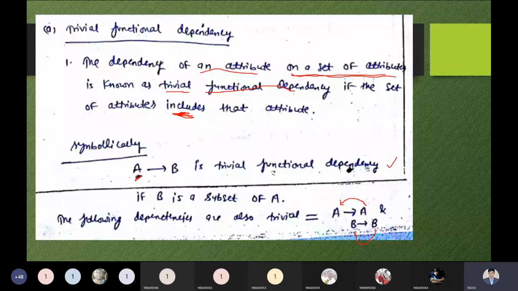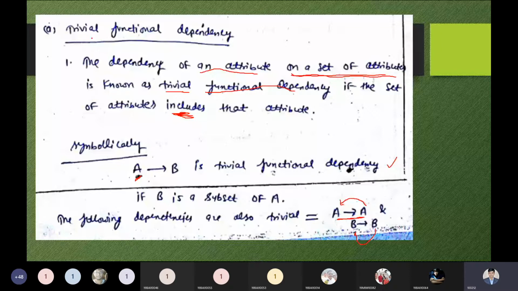But keep in mind that both sides must have the same attribute or the same set of attributes. So this is the first kind of functional dependency.